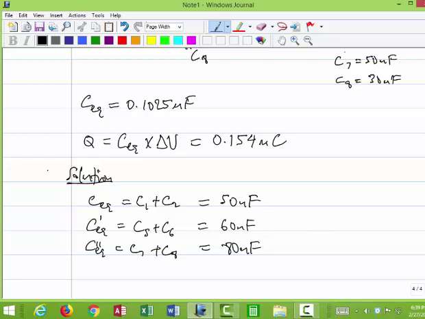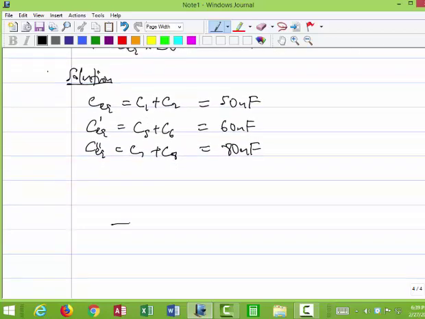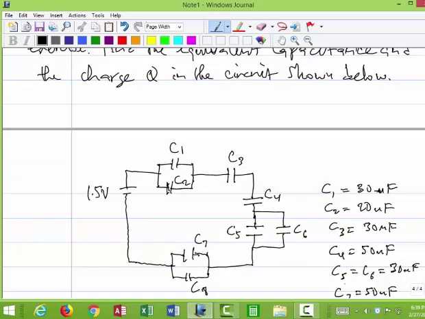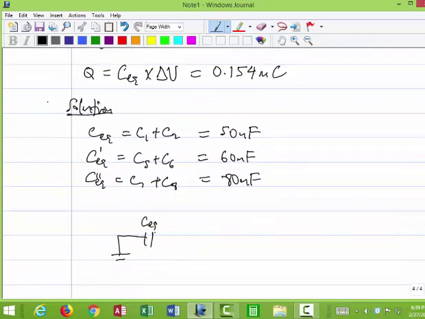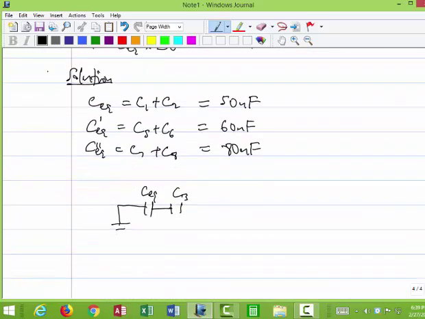Okay, so now, as I was saying, it's good to redraw the circuit. So now we have this equivalent circuit, which would have a C equivalent, and then this will be C3, and then we shall have C4. So this is C4, and then we shall have this circuit here.